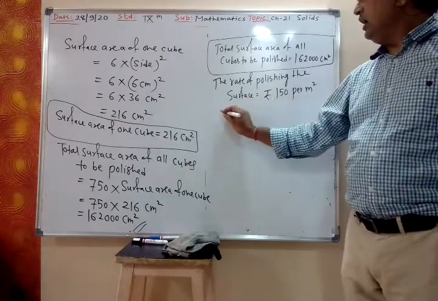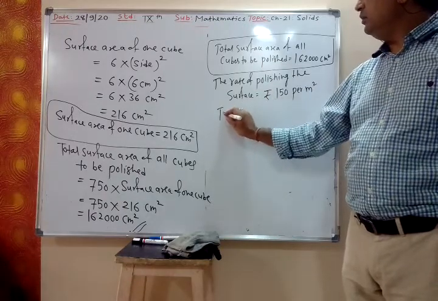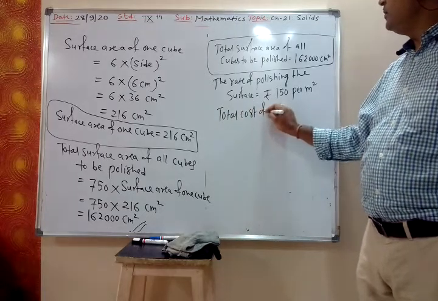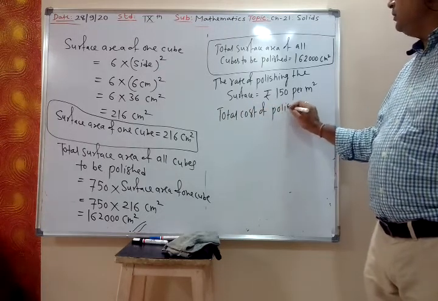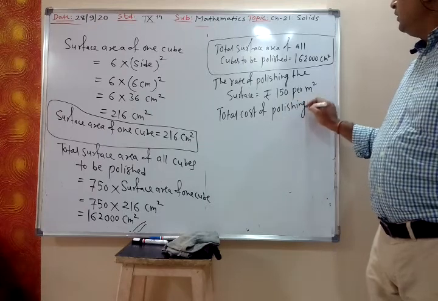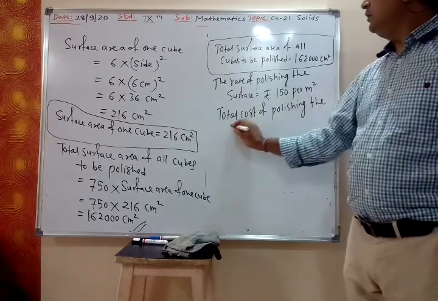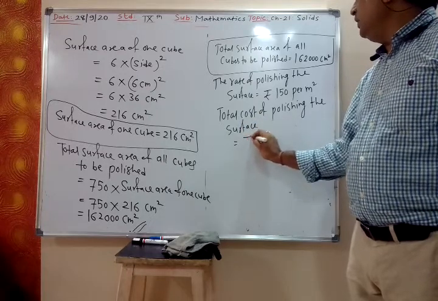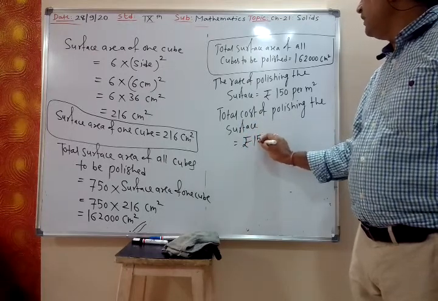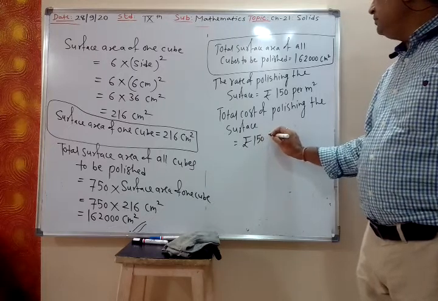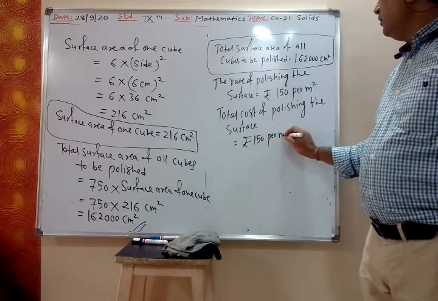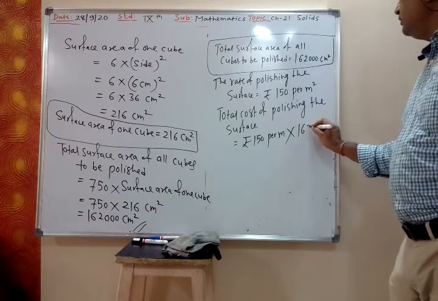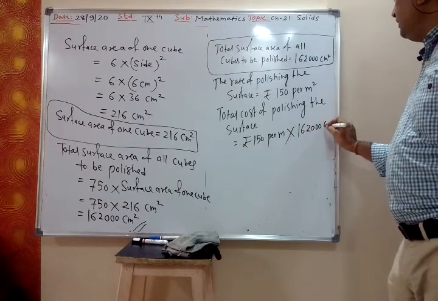Now we write the total cost of polishing the surface. Total cost of polishing the surface is 150 rupees per meter multiplied by the total surface area 1,62,000 centimeter square.